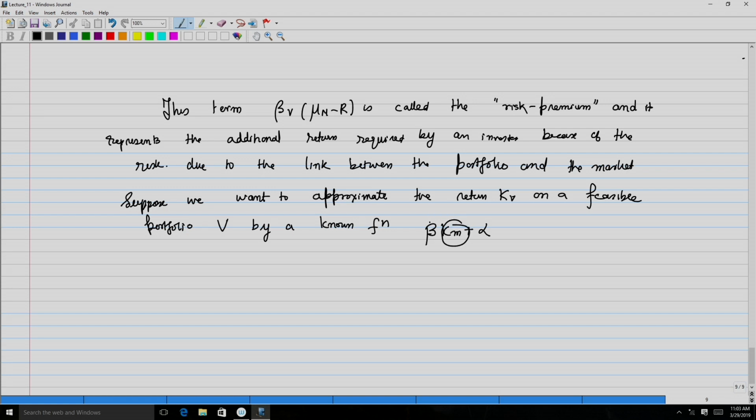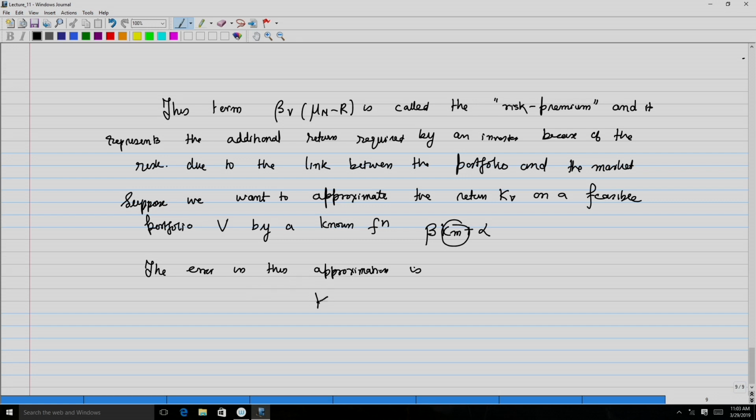Remember, k m was the return of the market portfolio. Then the error in this approximation is, what is going to be this error?